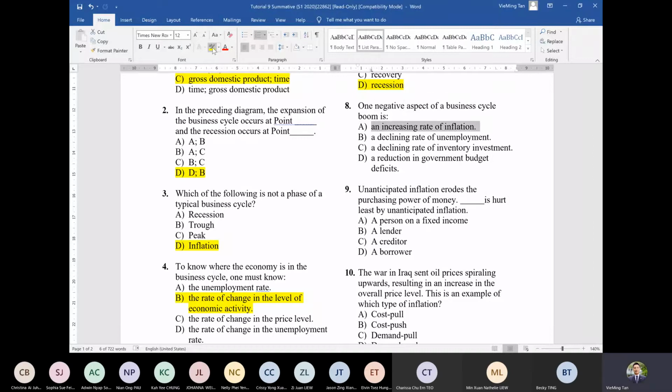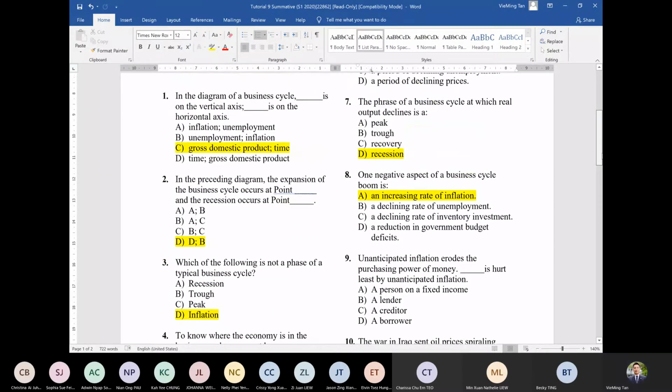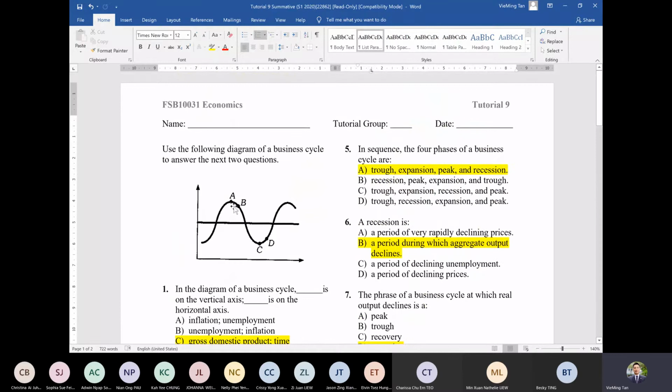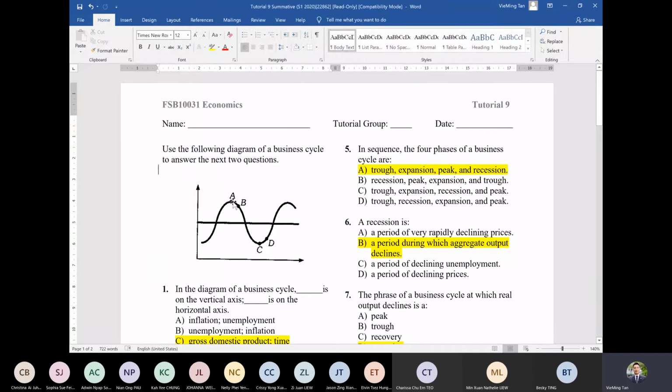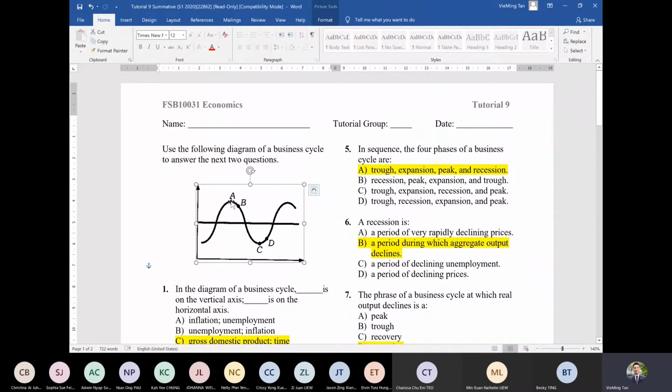A. Inflation rate will increase during the boom period. At the boom, the GDP is at the highest, and people have money to buy goods and services. When people have money to buy, the aggregate demand will increase.